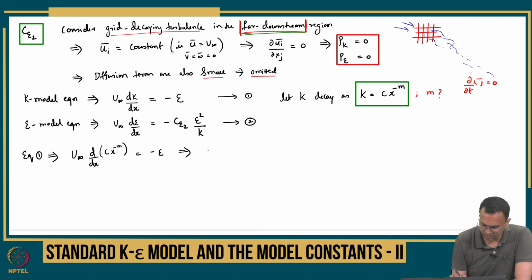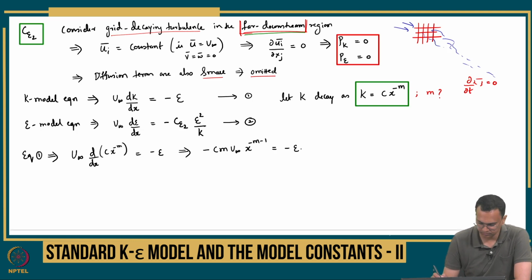So I get basically minus c m u infinity x raised to minus m minus 1 equal to minus epsilon. So this gives me the formula for epsilon now.